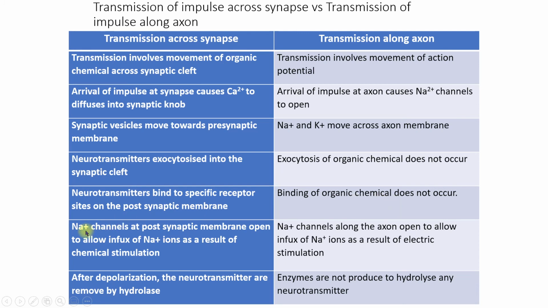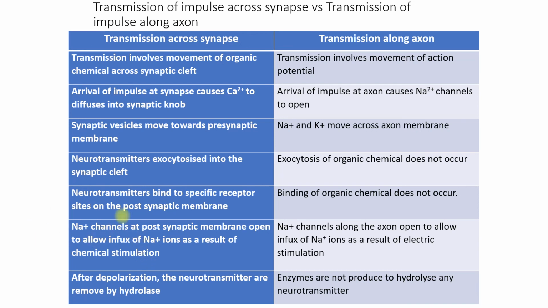In transmission across the synapse, sodium ion channels at the postsynaptic membrane open to allow the influx of sodium ions as a result of chemical stimulation. Chemical stimulation here means when the acetylcholine binds with the ligand-gated ion channel.